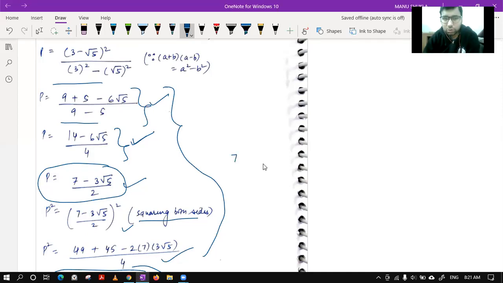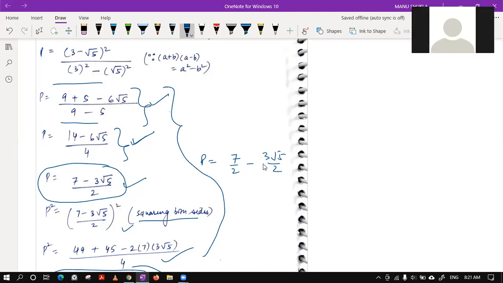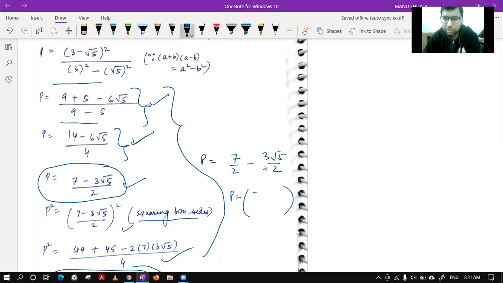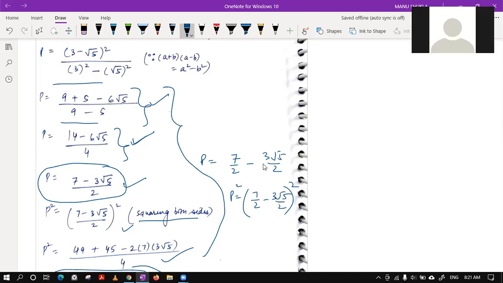Okay, you are saying this way. 7 upon 2 minus 3 root 5 upon 2. Okay, we can do this then. Sir, it will be a minus b whole square. Okay, so you are saying you can now put that. Yes sir, then solve this, and q square also like this.